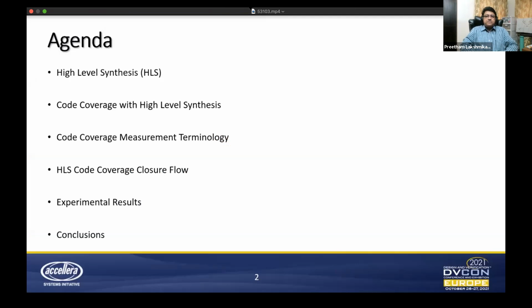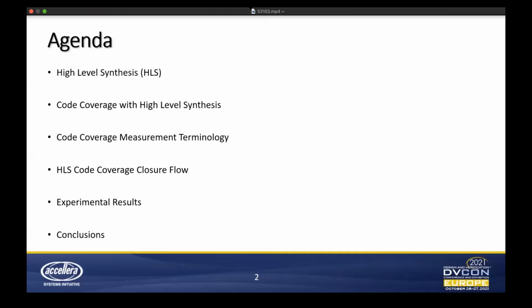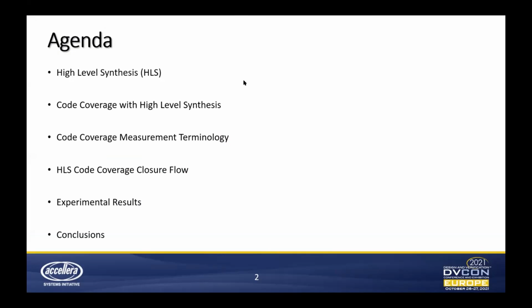The agenda of this presentation is as follows. We'll first talk about high-level synthesis and give its advantages and disadvantages when compared to the traditional RTL design flow. Next, we'll give an introduction to code coverage with the HLS flow and give an idea as to how difficult it is to achieve this right now. Post that, we'll talk about some commonly used terms in the code coverage parlance.